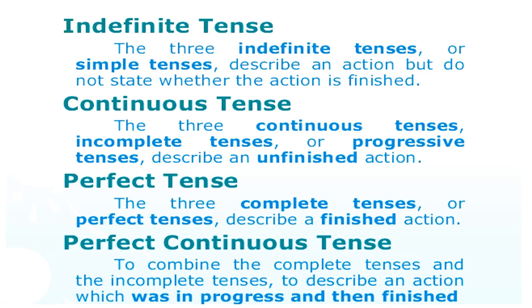Perfect tense describes a finished action, and finally perfect continuous tense describes an action which was in progress and then finished. These are simple definitions for tense forms.